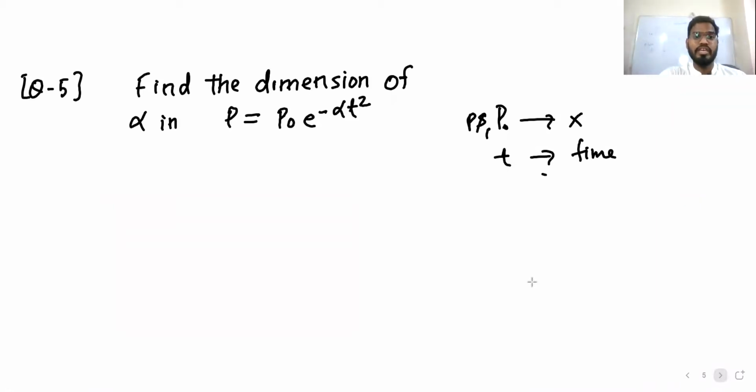Now find the dimension of alpha in P is equal to P naught e to the power minus alpha t square, where we don't know what P and P naught are. We don't know. And t is time, and we should find the dimension of alpha. The question is a little tricky, but now we did one question, so you can do this one. Let's see.